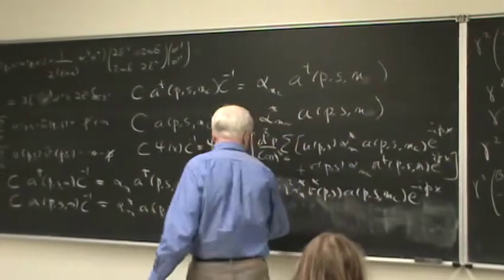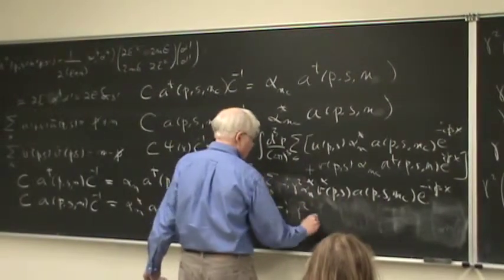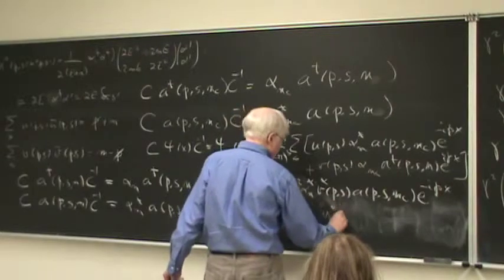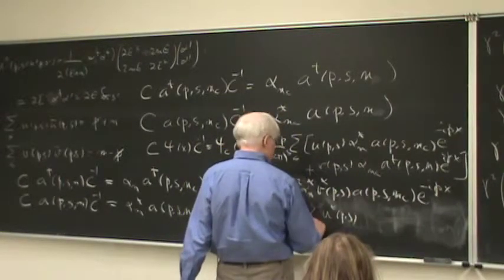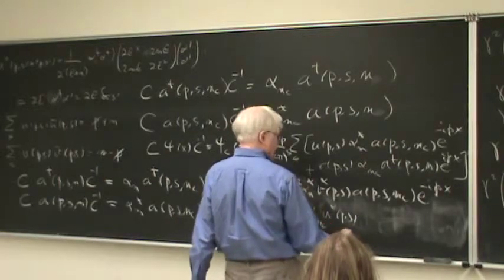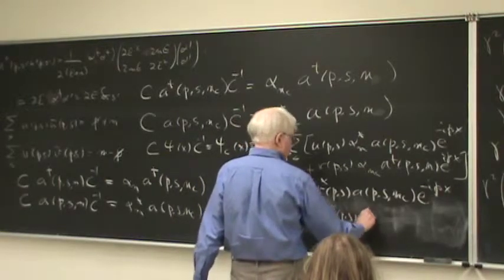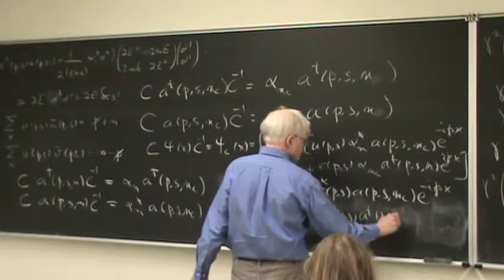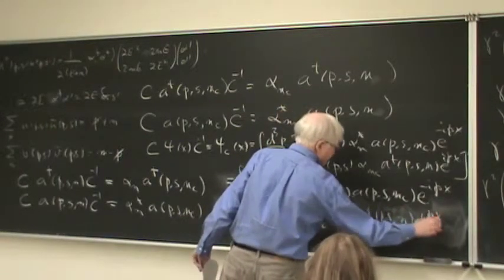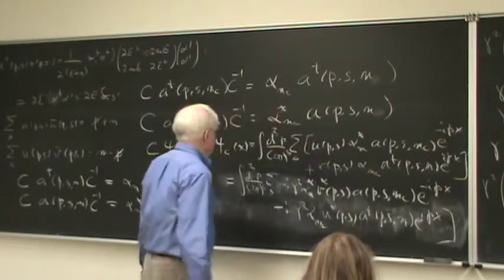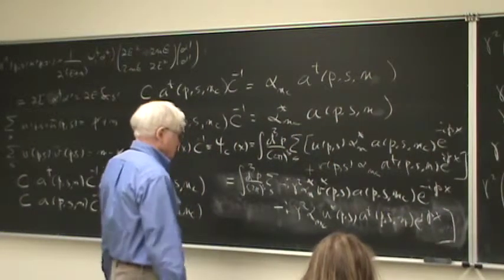So this is minus I gamma 2 u star of p and s, and now this one is alpha sub nc, a dagger of p and s n e to the I p x. Okay, so that's what psi conjugate is.